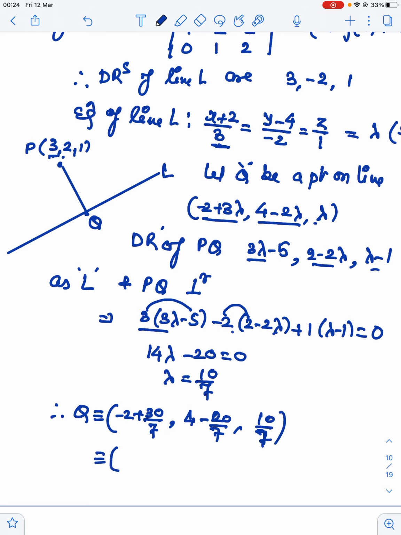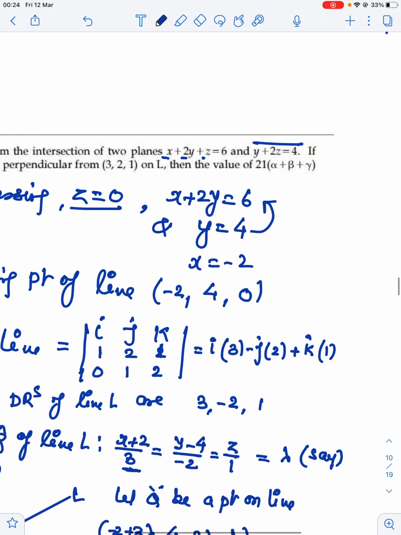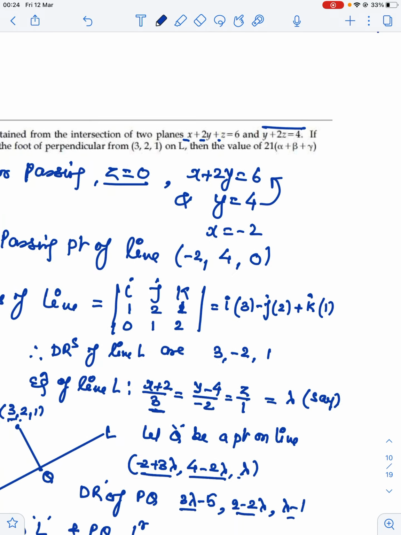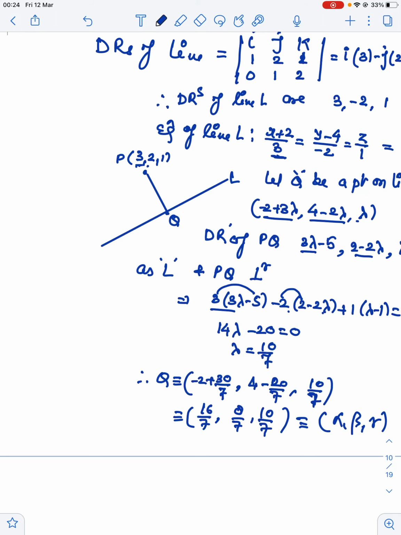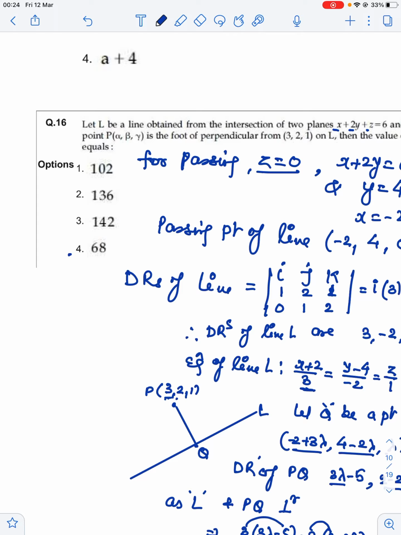So this is equal to (16 by 7, 8 by 7, 10 by 7), and this is nothing but our alpha, beta, gamma. Now we can get the desired result, which is 21 times (alpha plus beta plus gamma). First we add alpha plus beta plus gamma and then multiply it with 21. So the answer comes out to be 68.